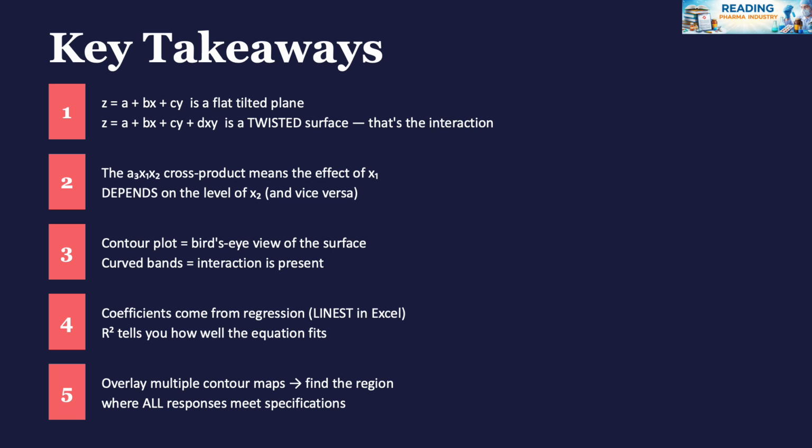And the fourth is coefficients come from regression. So in this case, r squared tells you how good the fit is. And the final point, overlay multiple contour maps to find where all the specifications are met. And this is basically the optimum. So the key message is the interaction term is what makes this equation powerful. Without it, your prediction could be completely wrong.